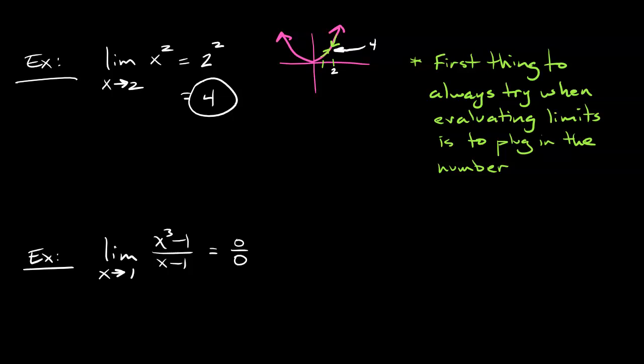Well, I know that a denominator having x minus 1 means that we're going to have a hole or an asymptote or something. It basically tells me that this graph isn't continuous. This function isn't continuous. Because we can't plug in 1, it's not continuous.